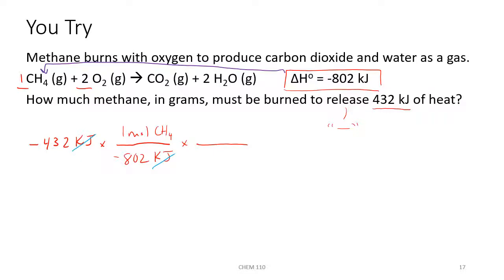Lastly, we want to get grams, so we're going to use the molar mass of methane in order to convert to grams. 1 mole of CH4 is equal to 16 grams. Our moles of CH4 cancel, our units are left in grams, and we should get 8.62 grams of methane in order to release 432 kilojoules of heat.